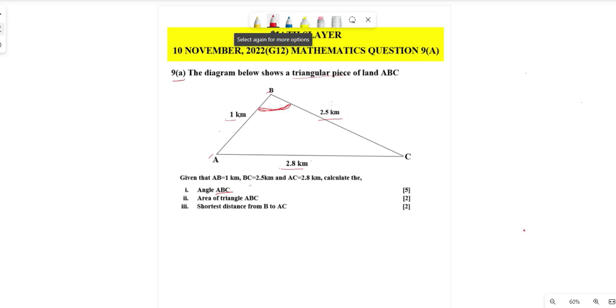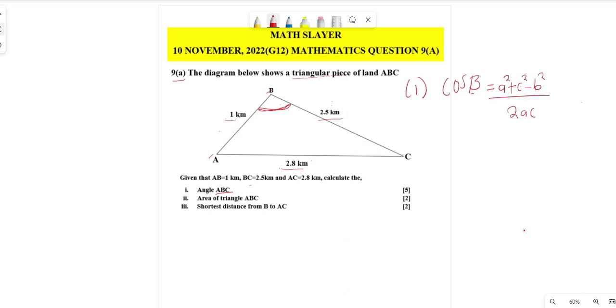When calculating the angle, the formula is cos B equals a squared plus c squared minus b squared, everything divided by 2ac. This capital letter B denotes an angle, and the small letters represent the sides.